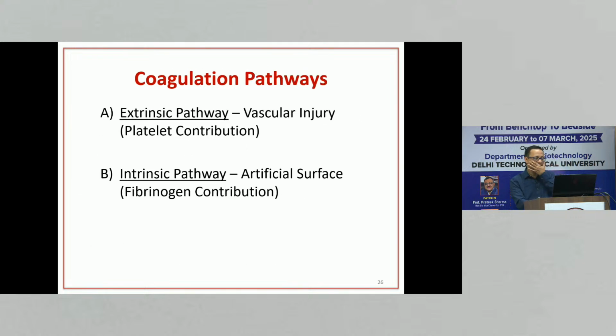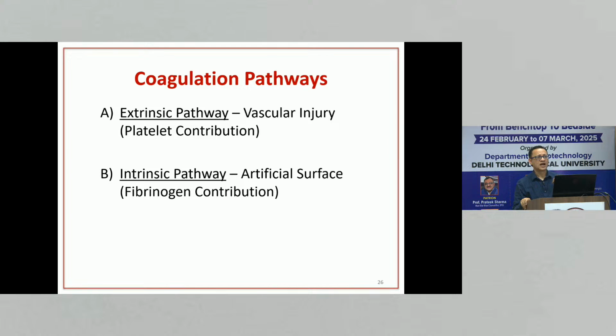Now I said coagulation cascade, right? The blood clotting process. There are two different types of coagulation pathways. One is called the extrinsic pathway, one is called the intrinsic pathway. But then those pathways become the same, and it's a common pathway.